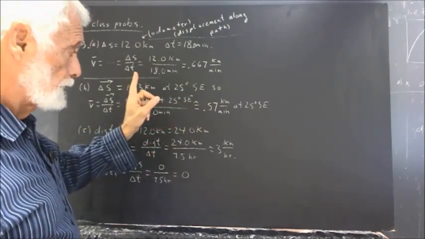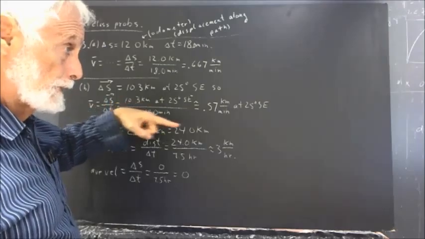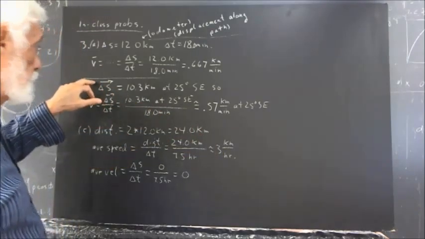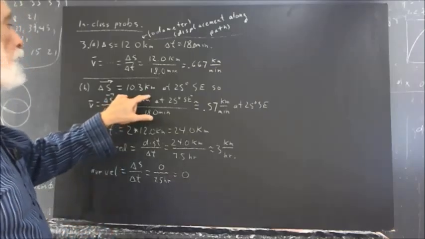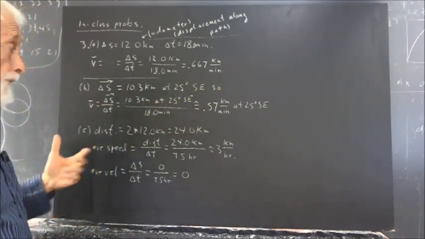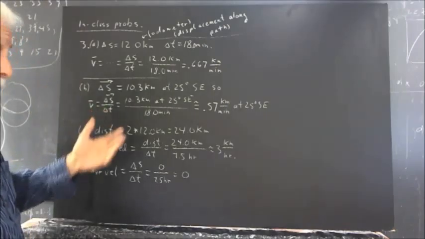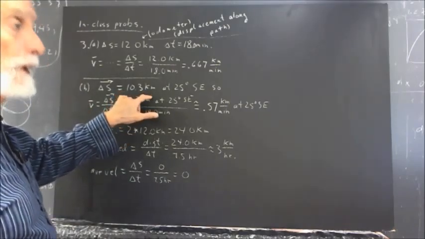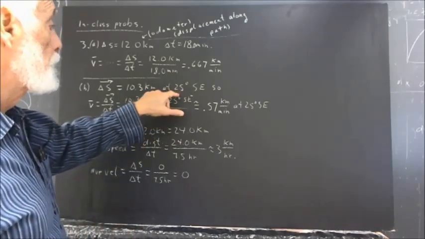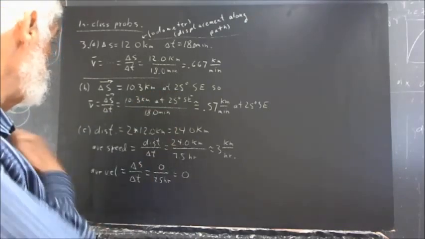So if north is here, east is here, 25 degrees southeast will be in this direction. This is a vector because it gives us how far and in what direction. A vector is a quantity that gives us a magnitude and a direction. So we have a magnitude of our displacement and the direction of our displacement.